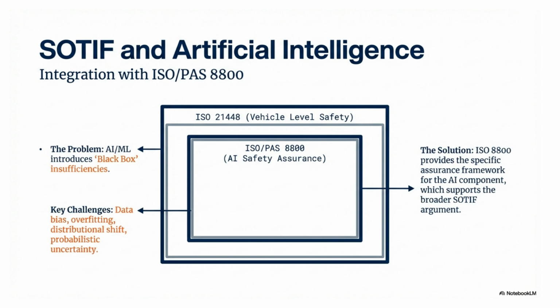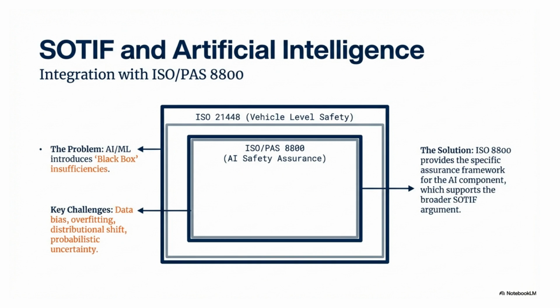AI and machine learning introduce black box insufficiencies that traditional code doesn't have. Challenges like data bias, overfitting, and probabilistic uncertainty. To solve this, SOTIF integrates with ISO PAS 8800, which provides a specialized assurance framework for AI components.